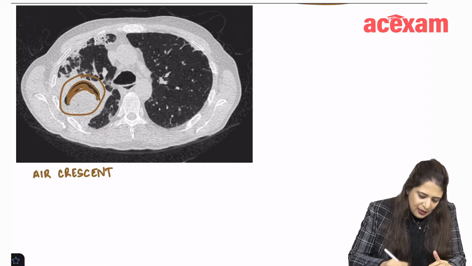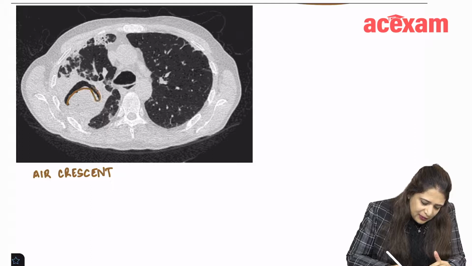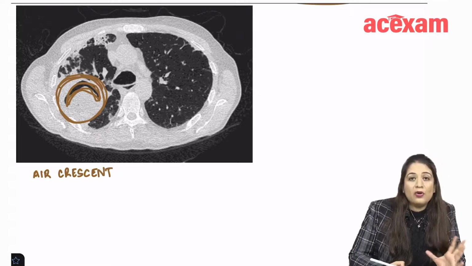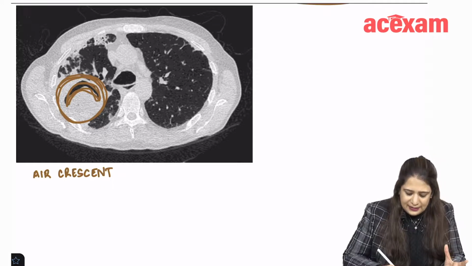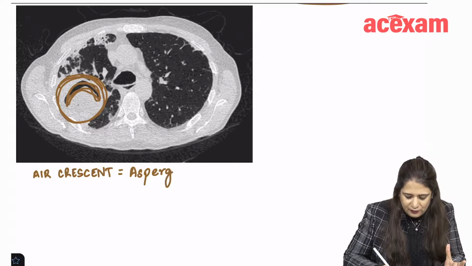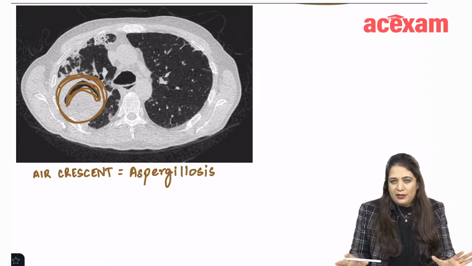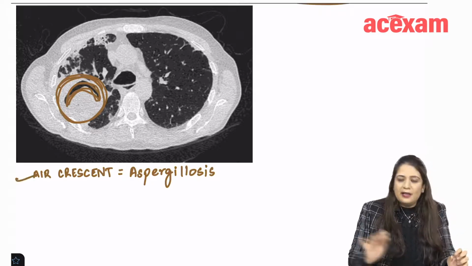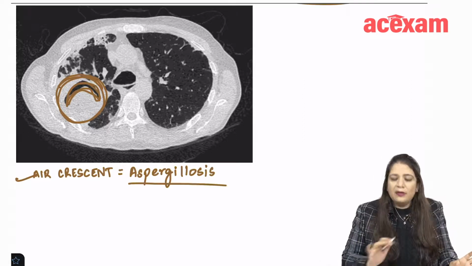There is a thin rim of radiolucency which is being seen in a nodule of radio opacity, and this is a characteristic sign of aspergillosis. So even if I didn't look at any of the hints provided in the question, if I knew this one radiological sign, I can answer this question, and that is aspergillosis.